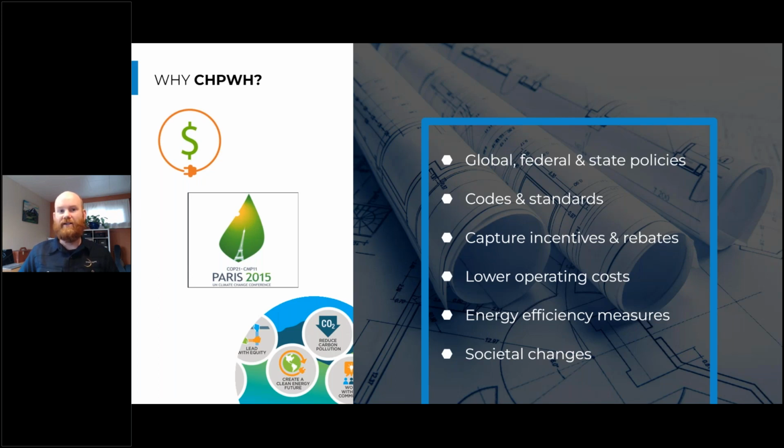And then societal changes, right? Gas has kind of had its heyday and is moving out. There are reasons and places to use gas, but in our built environment, we're seeing now that gas ranges in our kitchens are creating higher rates of asthma in our children and our young populations.